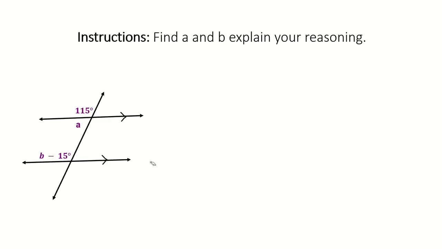Now let's proceed to the next one. We have here A and B and we're asked to figure them out. Perhaps you might want to consider comparing the angle with 115 degrees and A. They both form a linear pair, and a linear pair is supposed to be supplementary as well.